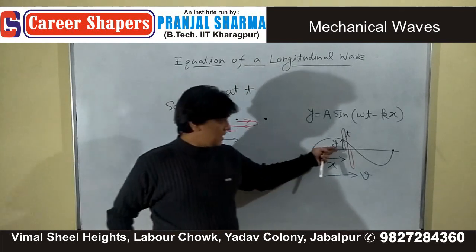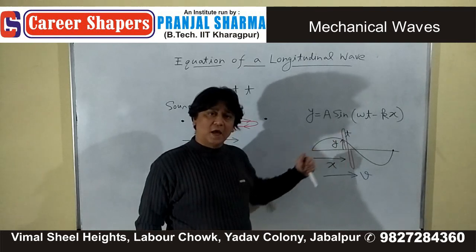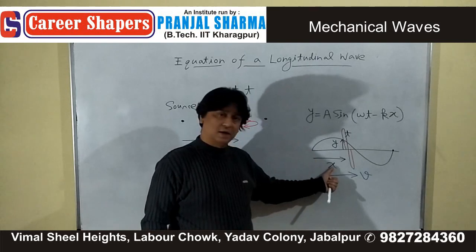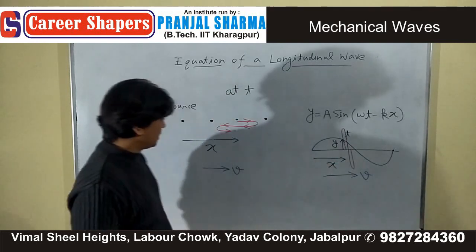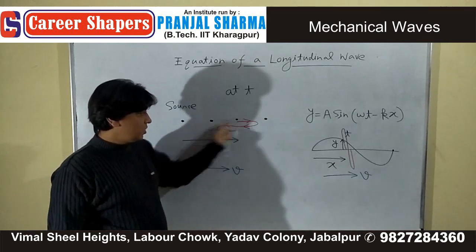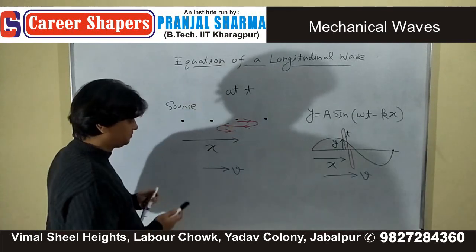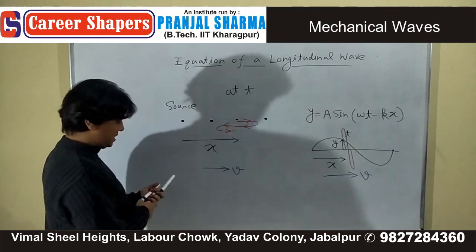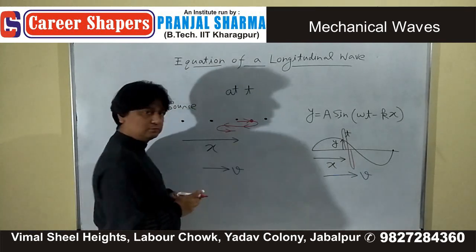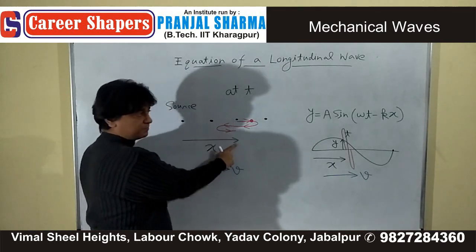Now, in this case, transverse displacement was called y, and the position of the particle was defined from the source by this number x. Since in the longitudinal case oscillations also happen along the x-axis, if at some point the particle is found at this position, this is the mean position, at a distance of x.